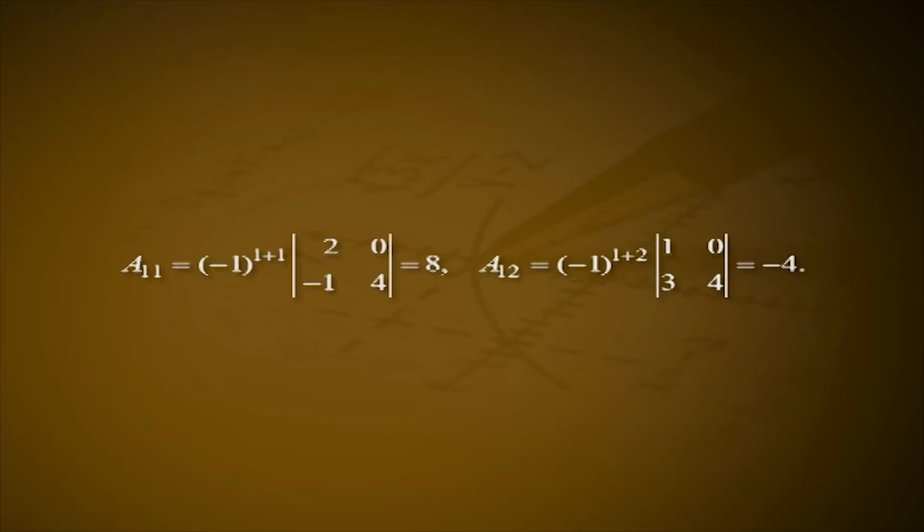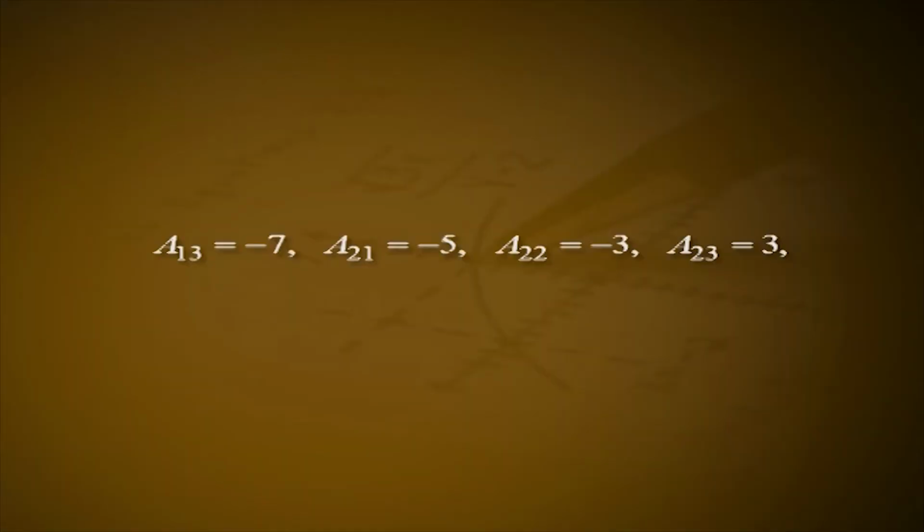A12 is equal to minus 1 to the power 1 plus 2 into determinant of 1 0, 3 4, which is equal to minus 4. Similarly, A13 is equal to minus 7, A21 is equal to minus 5, A22 is equal to minus 3, A23 is equal to 3, A31 is equal to minus 2, A32 is equal to 1, A33 is equal to minus 1.